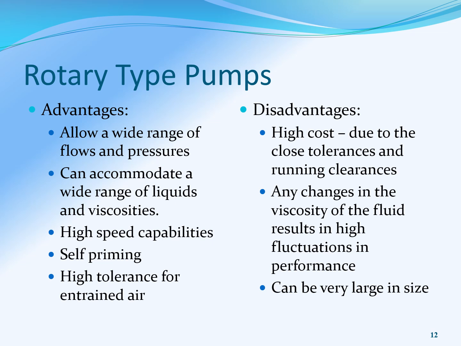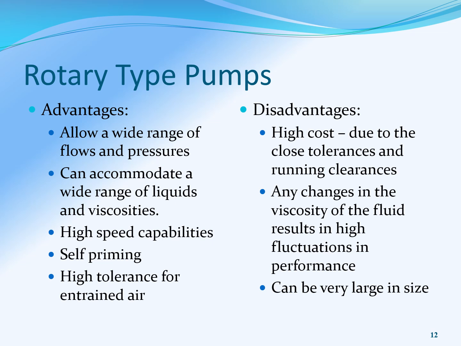Okay, so here I've got a list of advantages and disadvantages, but just to touch on a couple of them, rotary type pumps have a wide range of liquids and viscosities. Viscosity is the thickness, if you will, of the fluid or liquid, right? They have high speed capabilities. Again, that self-priming is a key thing.